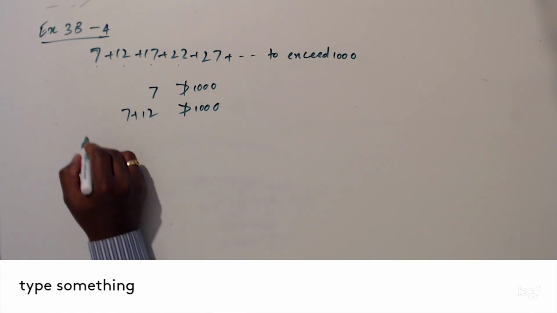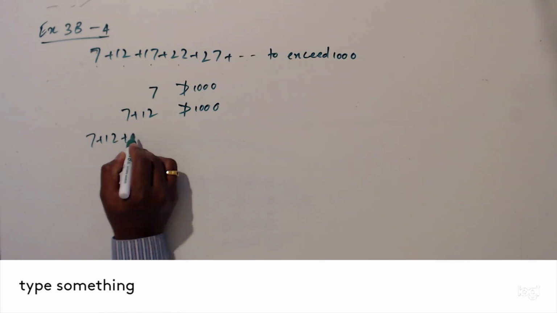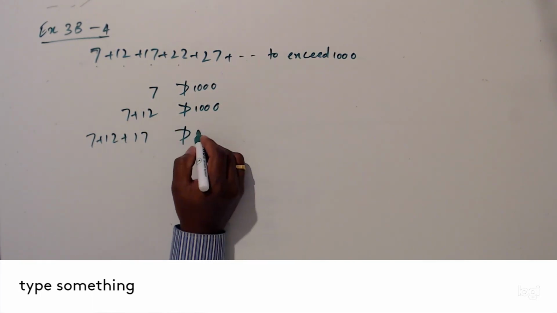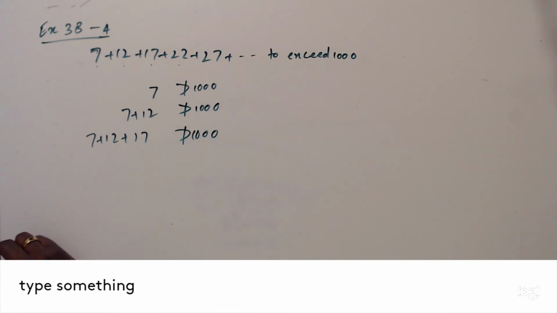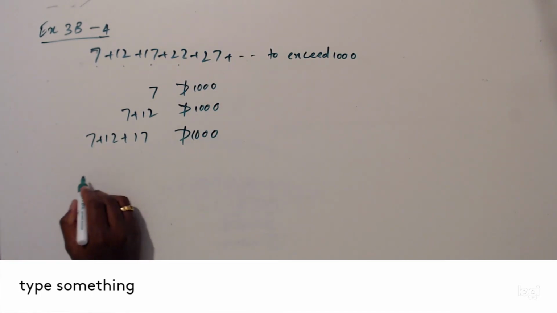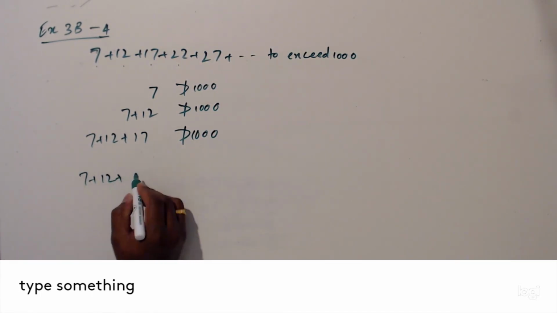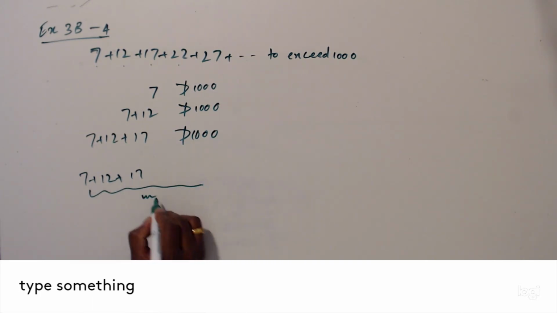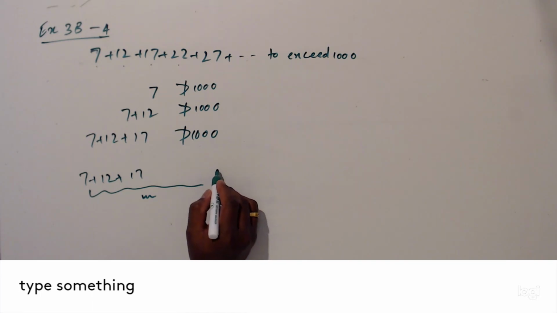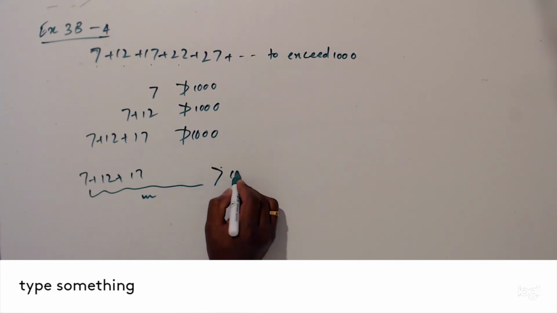The first, second and third terms still do not exceed 1000. Assume the series 7 plus 12 plus 17. After m terms, it exceeds 1000.